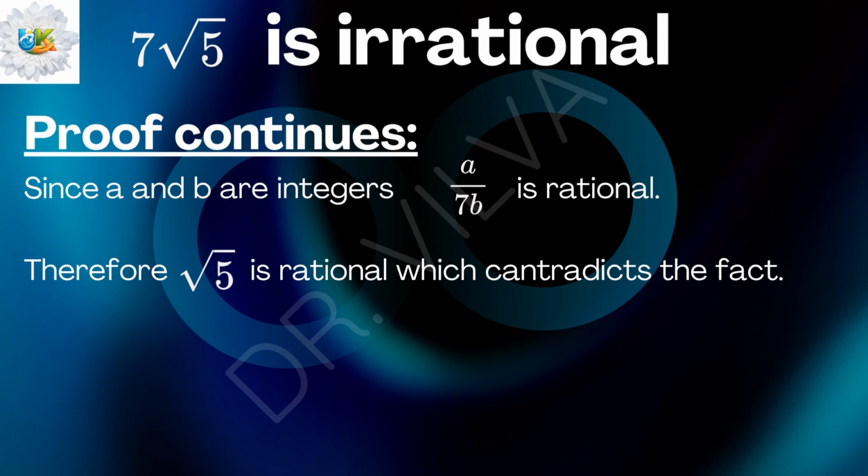Our equation now claims that root 5 is rational. This directly contradicts the fact that root 5 is irrational. Because we have reached a contradiction, our original assumption must be wrong. Therefore, the product of an integer and an irrational number must be irrational.